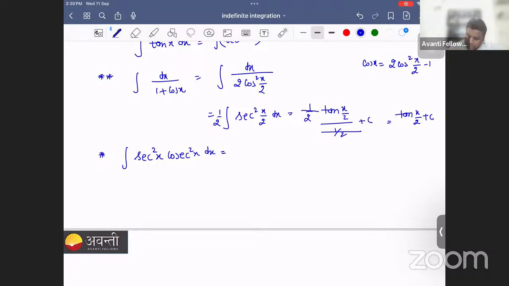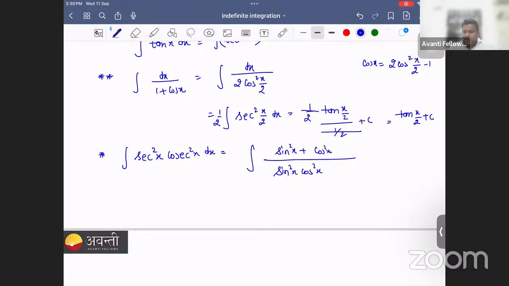See, in the denominator, I can write it sine square x cos square x, and in the numerator, it will be sine square x plus cos square x.